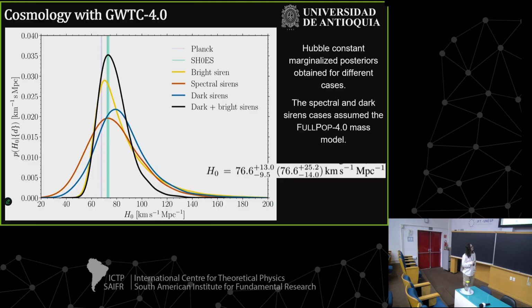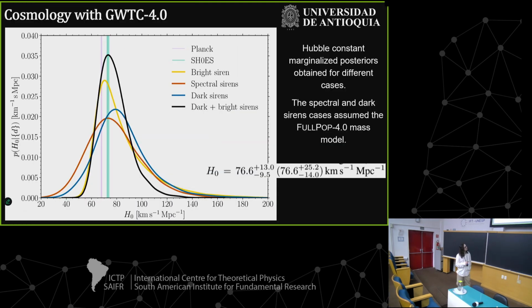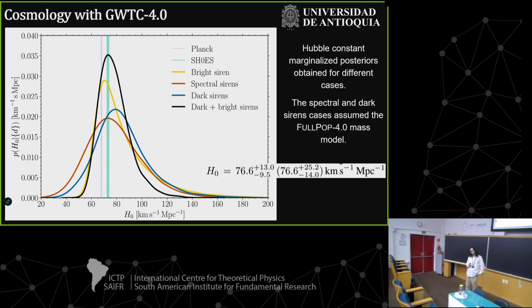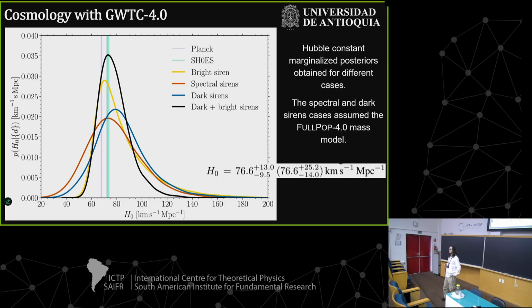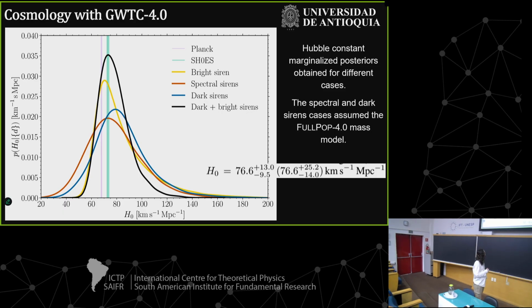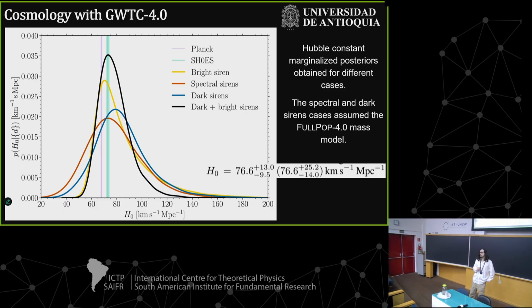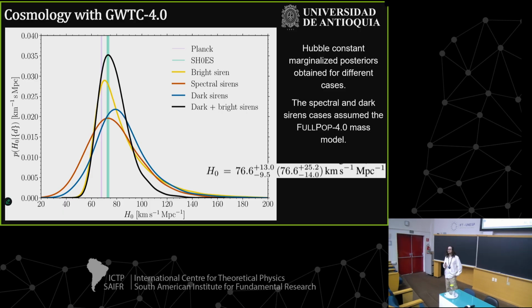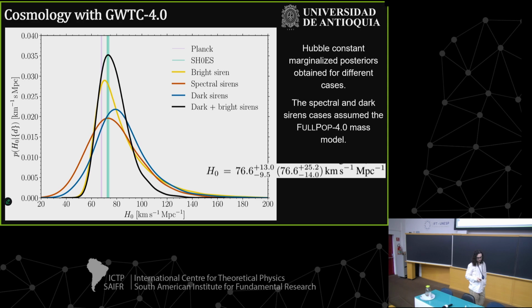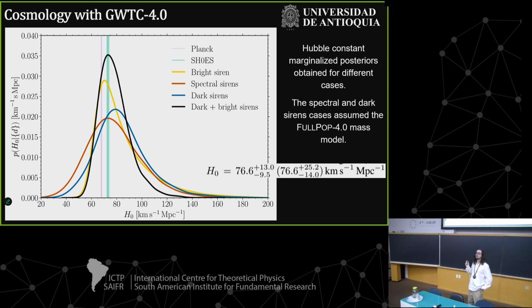So answering the first question regarding the difference between spectral and dark sirens, I would say yes, for the spectral siren, the mass model distribution is helping a lot to get these constraints. The catalog also helps to improve the result a little bit, but this is within some confidence levels, so they are pretty similar. That's because of different things that we need to take into account, like the sky localization of the events.